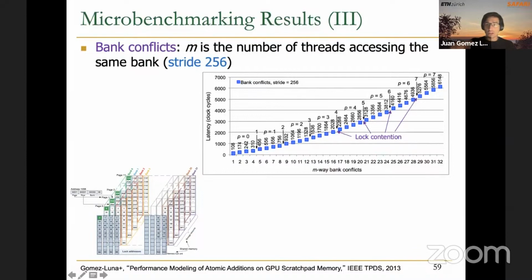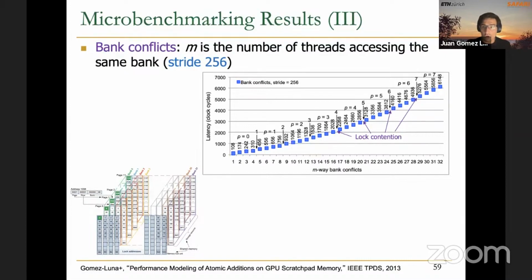But we keep increasing the number of threads, and at some point we have one thread updating address 0, the next one address 256, the next one address 512, the next one address 786, and the next one address 1024.